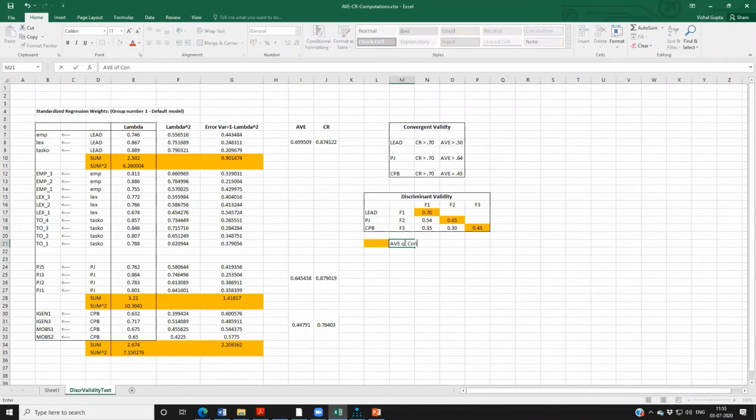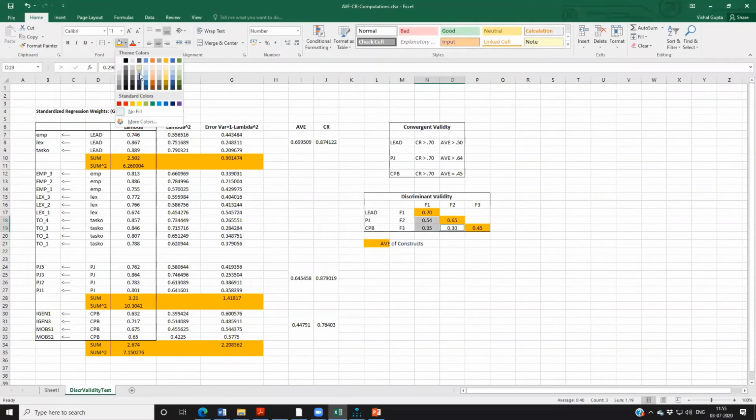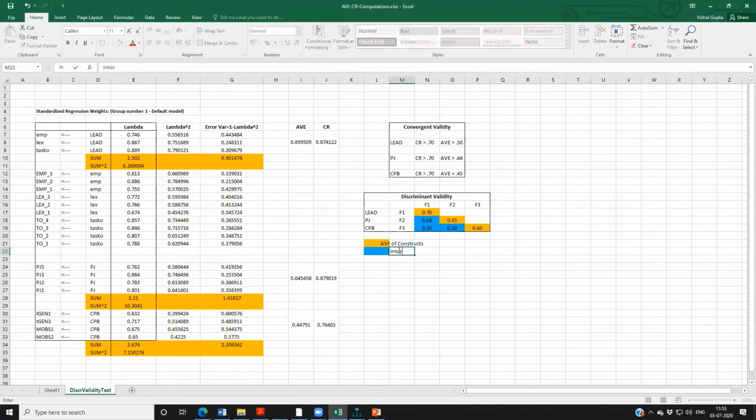So the diagonals are AVE of constructs. Below the diagonal, these three values are inter-factor correlations, and above the diagonal, let us choose another color, are going to be the square of inter-factor correlations, right?